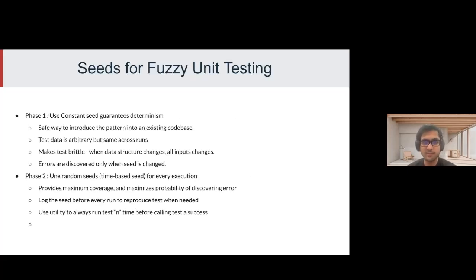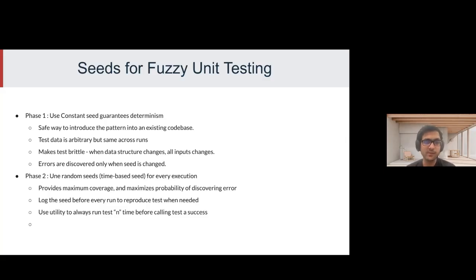One challenge with fuzzy testing is how we actually initialize these random numbers. One of the principles of unit testing is determinism, and we need to make sure that our test is deterministic, not arbitrarily failing or passing.